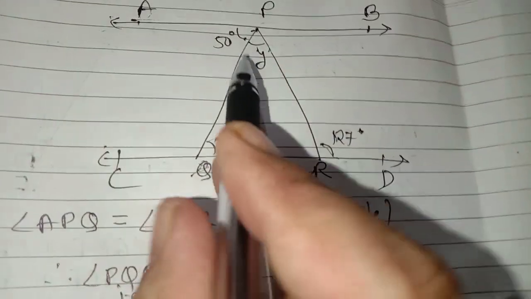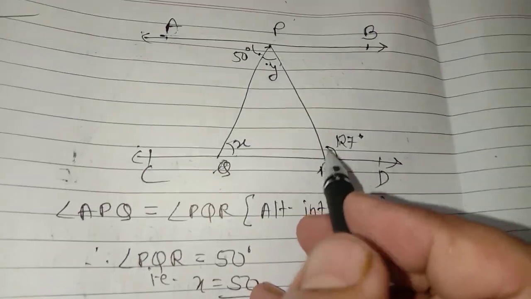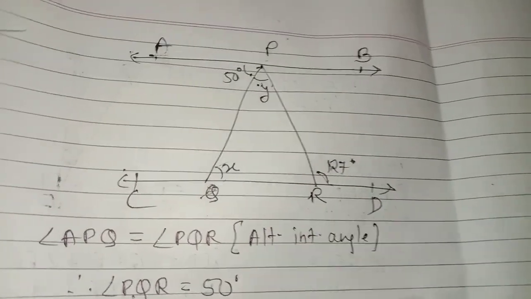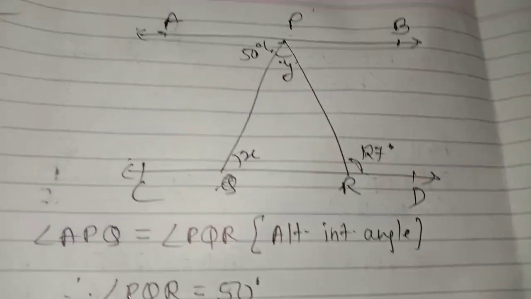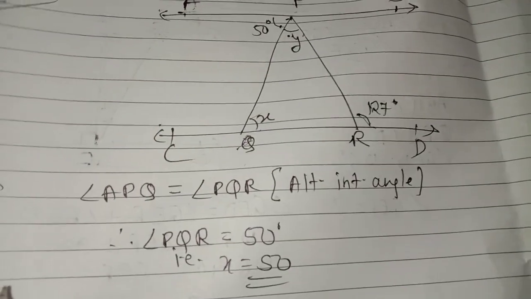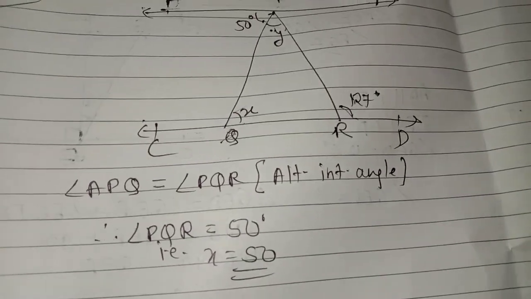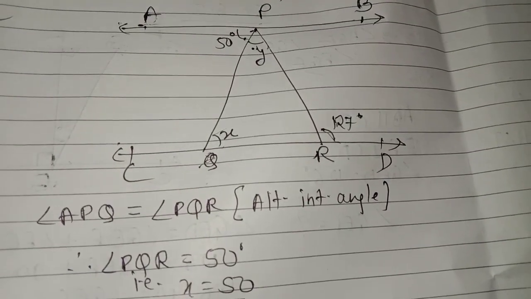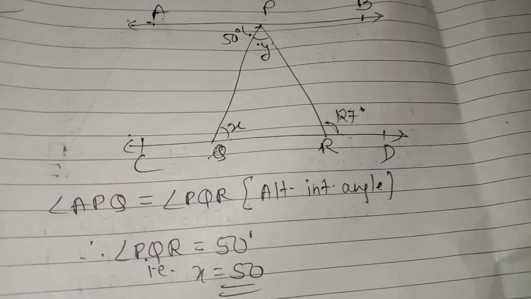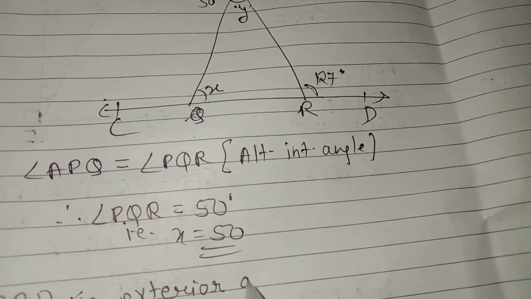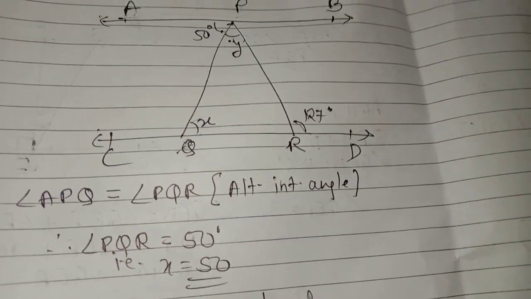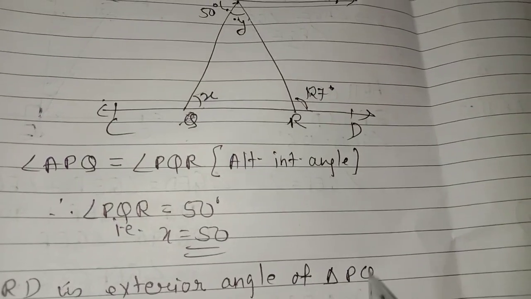Now I need Y. Just think of one more idea. How to find Y? See, we have done the exterior angle property: angle PRD is the exterior angle of triangle PQR.